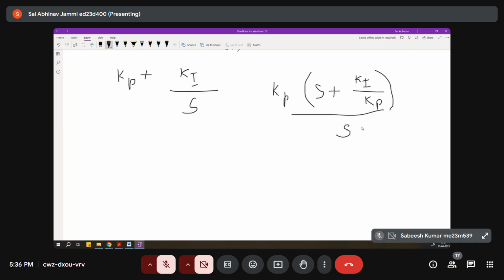Yeah. It's clear, right? So we took the LCM, it becomes S times Kp plus Ki. Then we took Kp out. So then we'll get this. Why are we getting it to this form? So that in the root locus, once we have this transfer function, what we have to do is add an integrator, that is the 1 by S term, and add a real 0. So that's why we are getting it to this form.